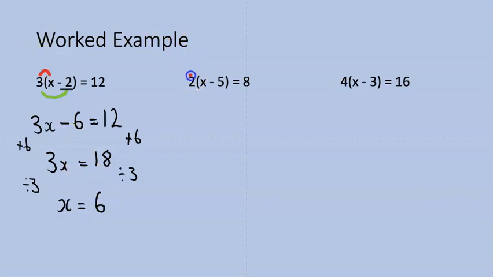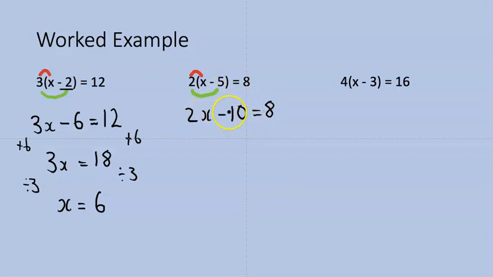I do my same method again for 2 multiplied by x minus 5 equals 8. 2 times x gives me 2x. 2 times minus 5 gives me minus 10. Equals 8. Notice what I'm saying. I'm saying 2 times minus 5.